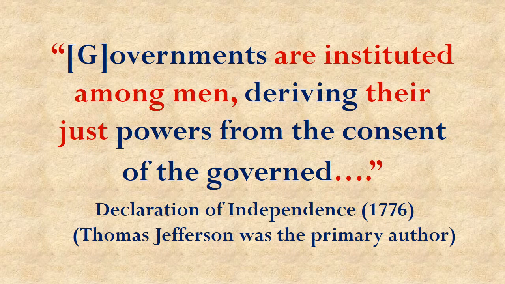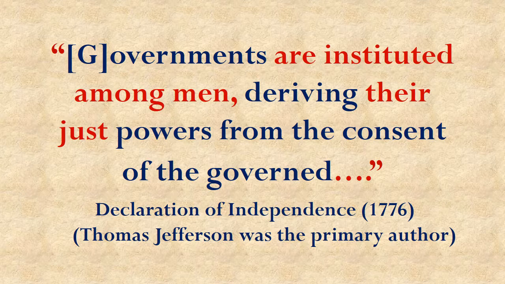An example we can see was written by Thomas Jefferson in the Declaration of Independence, where the 13 British colonies along the Atlantic coast of America declared their independence from the British Empire.